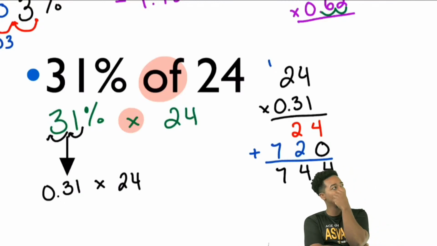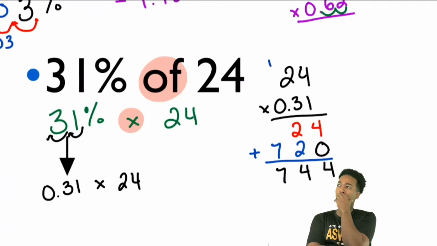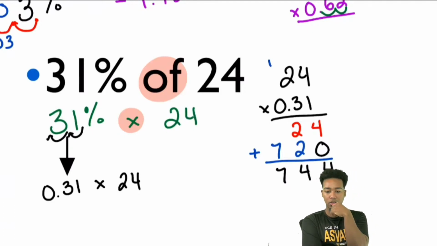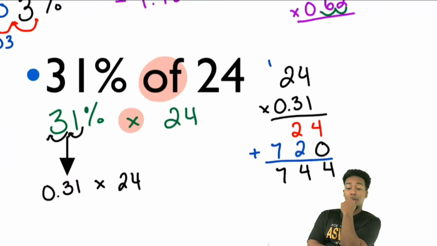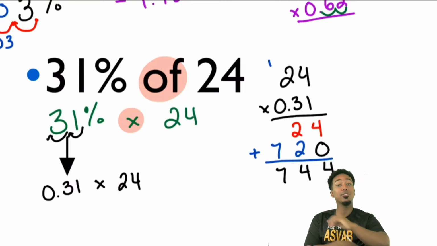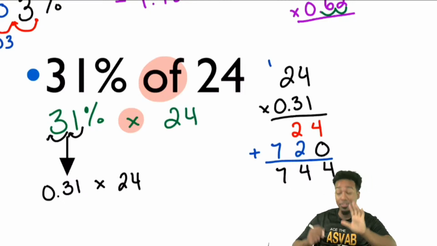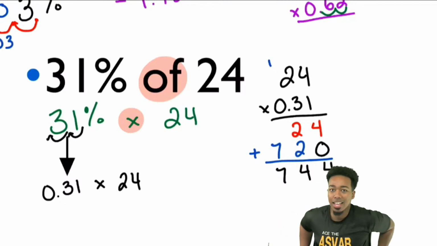What's the one thing I forgot at the end, everybody? I multiplied by a decimal. What do I have to do now? Exactly. Bring the decimals back. How many total decimals do we have here? 2. Yeah, we're going to have 2. Notice that, conveniently, by coincidence, it's 2 here.